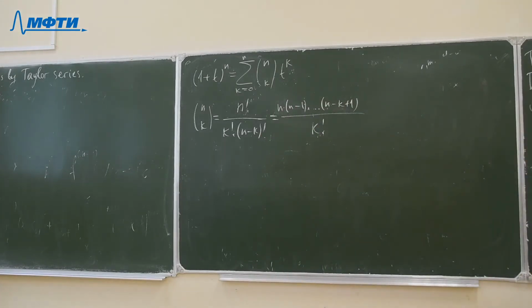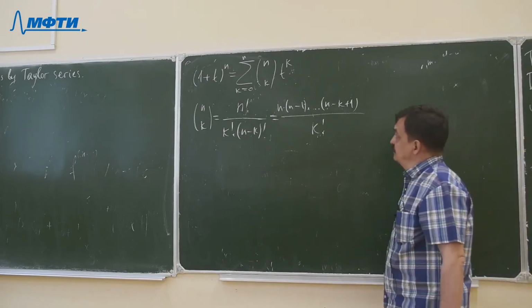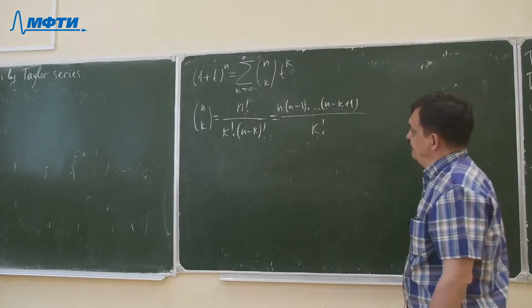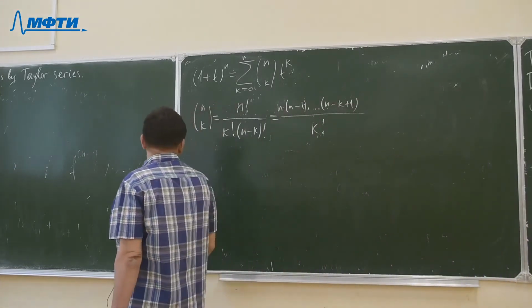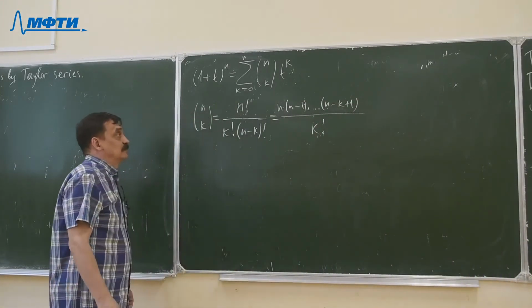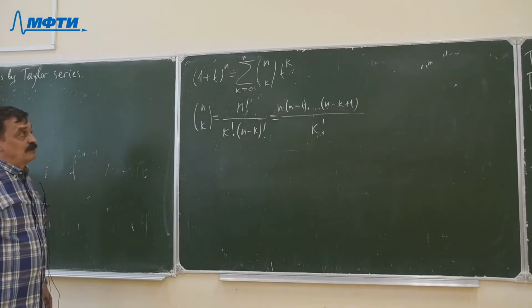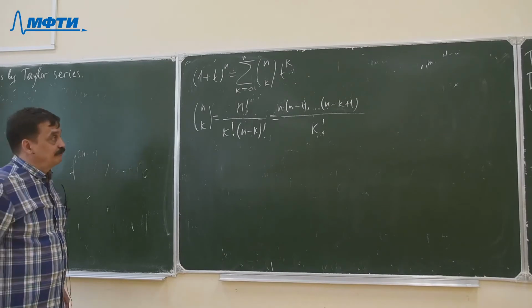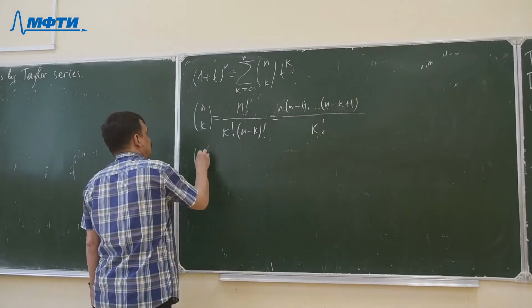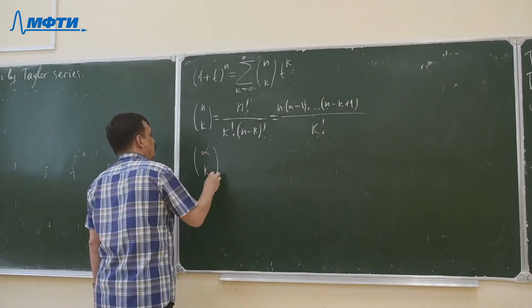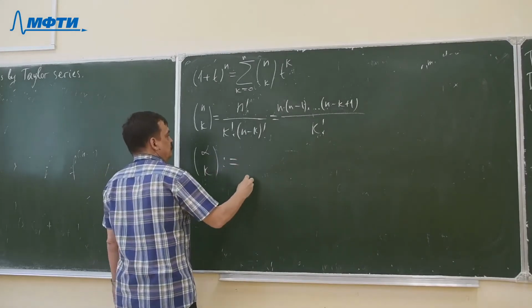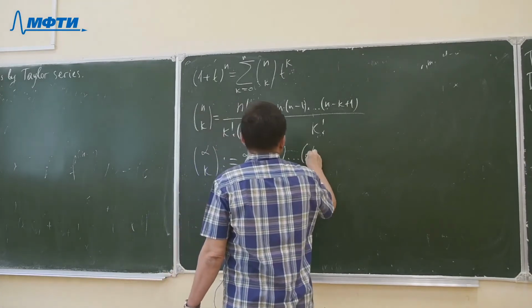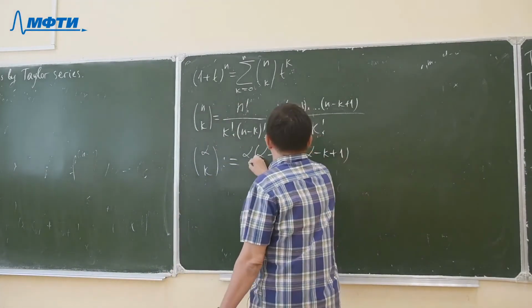And what is important is that here, instead of an arbitrary natural n, in the last ratio we can take an arbitrary real number alpha, and it gives the generalized binomial coefficient, which is defined by the following formula.